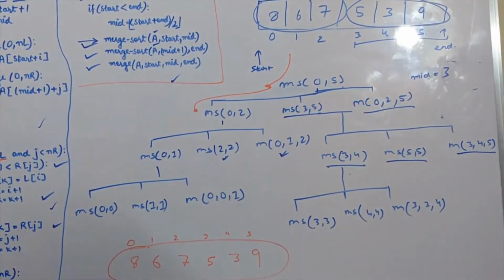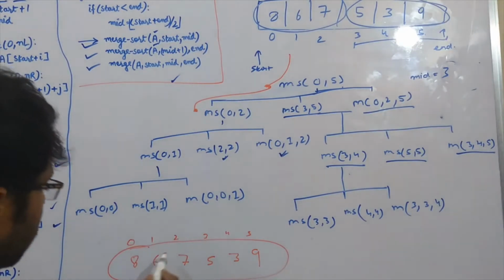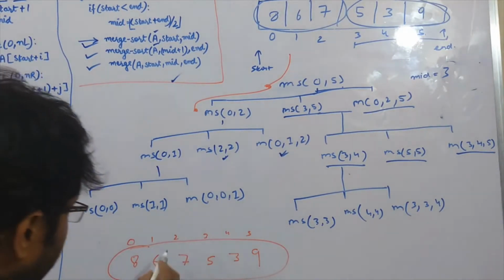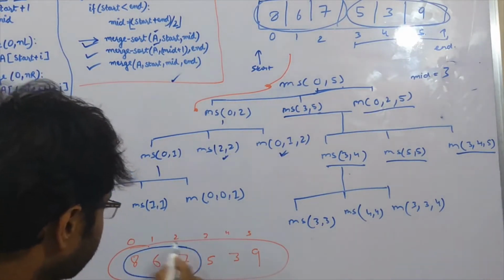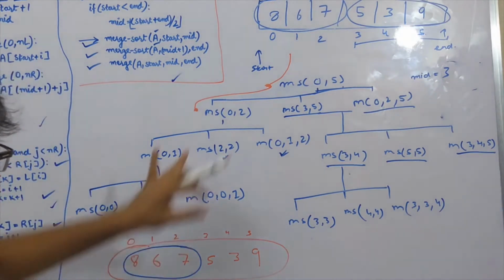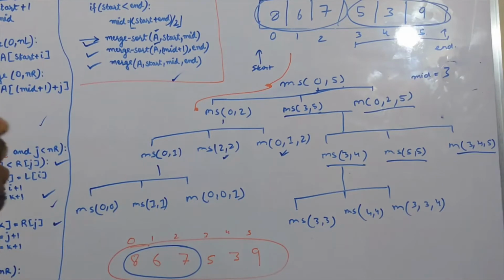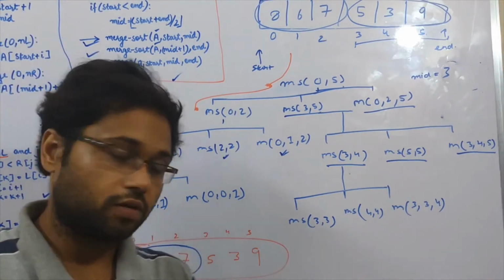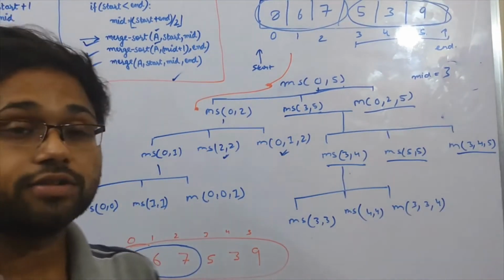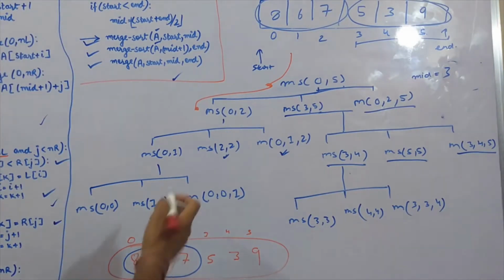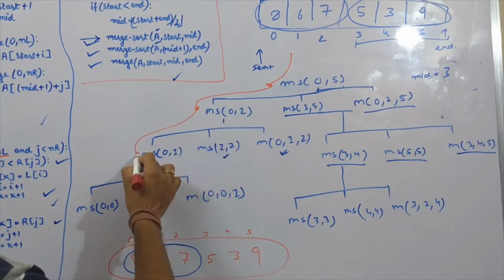Now merge sort procedure 0 to 2 is called. We are going to sort 0 to 2. But for sorting 0 to 2, we have to sort 0 to 1.